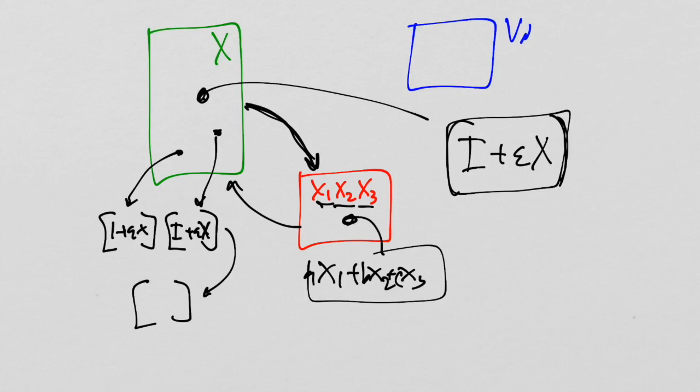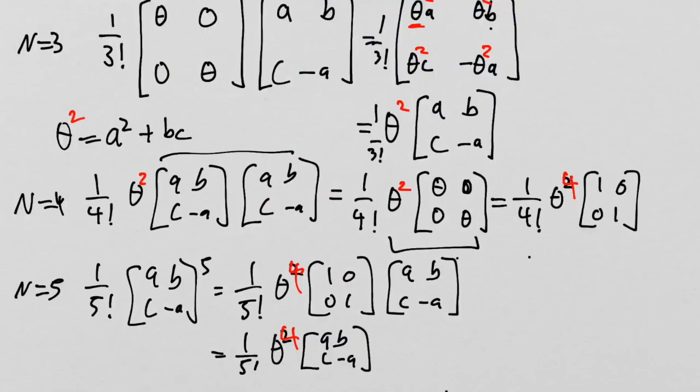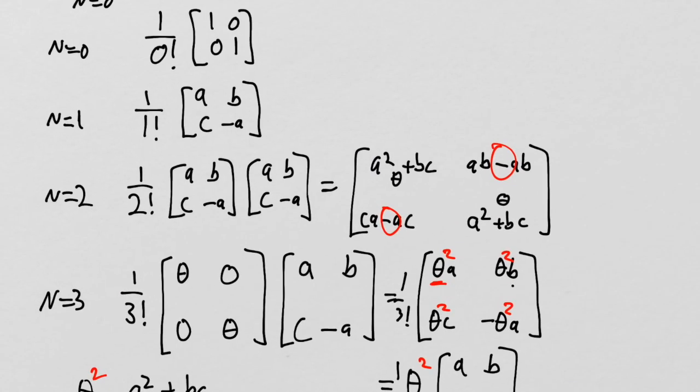So in review, what did we do today? We took a Lie group, a new one, SL2R. We took that matrix group.